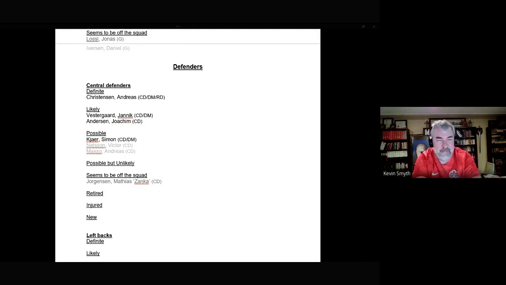Kasper Schmeichel has moved on, of course, but since 2021. So he just basically joined the team shortly before Kasper Schmeichel left. Vestergaard was with Southampton in England before that from 2018 to 21, and with Borussia Mönchengladbach and Werder Bremen and Hoffenheim, all clubs in Germany.